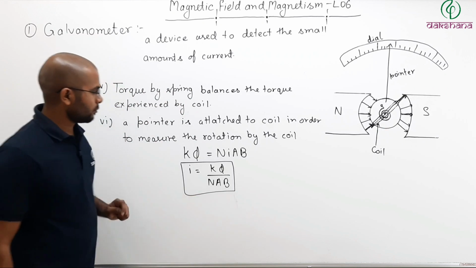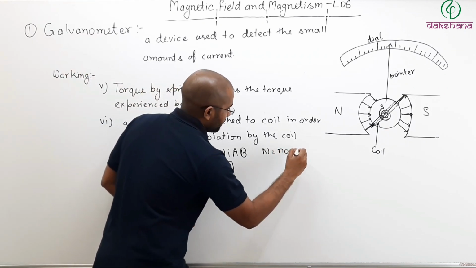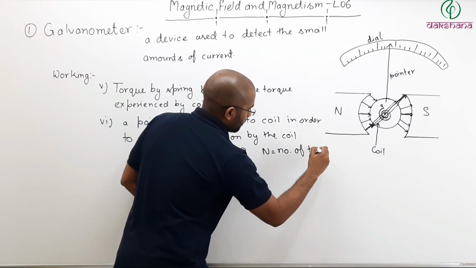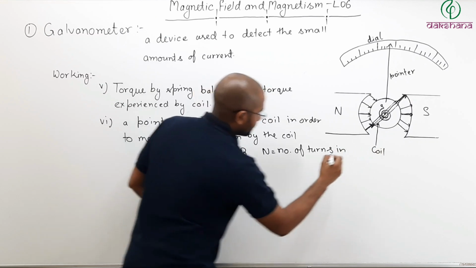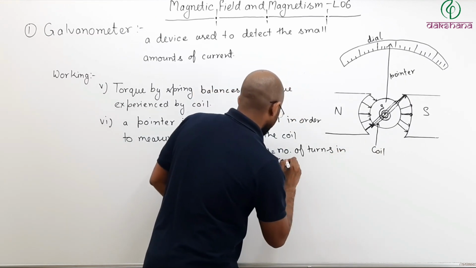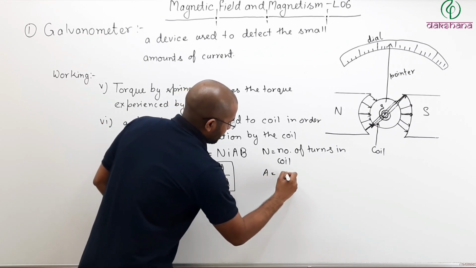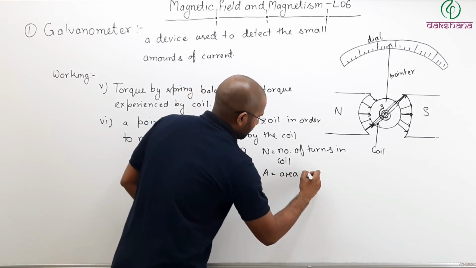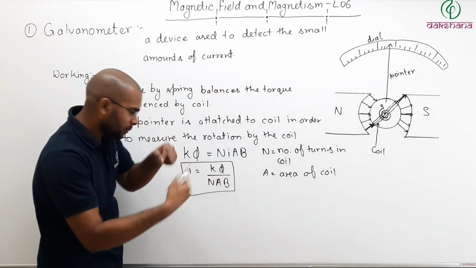So here, what are the properties? What is N? N is the number of turns in the coil. What is A? A is the area of the coil, or area of one loop.